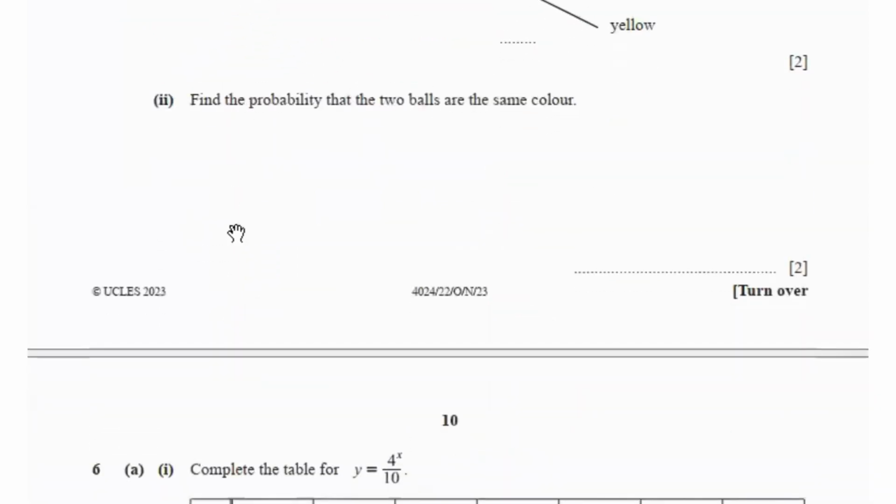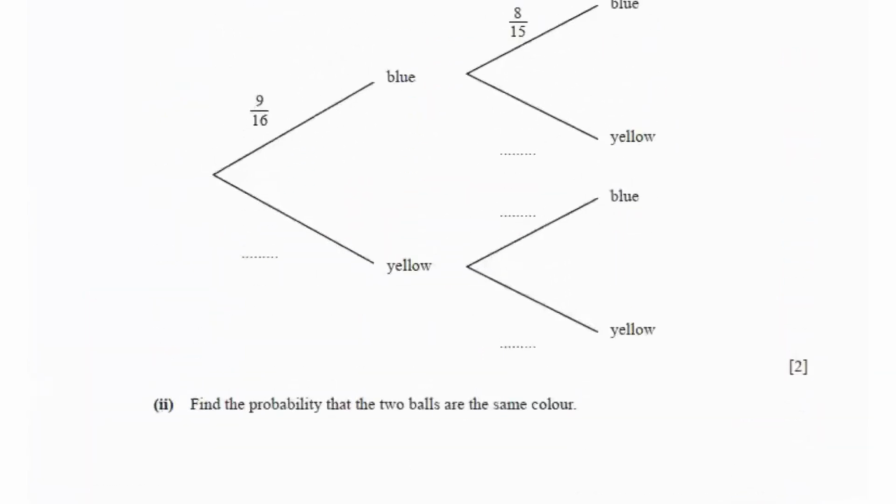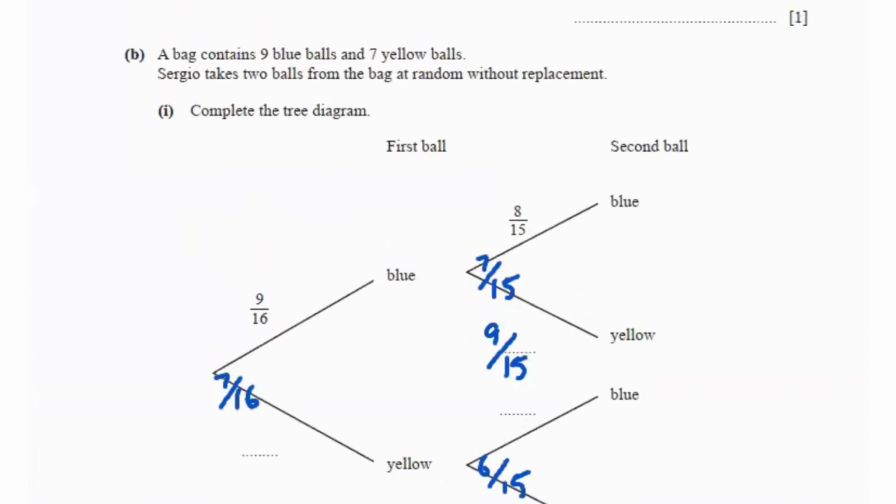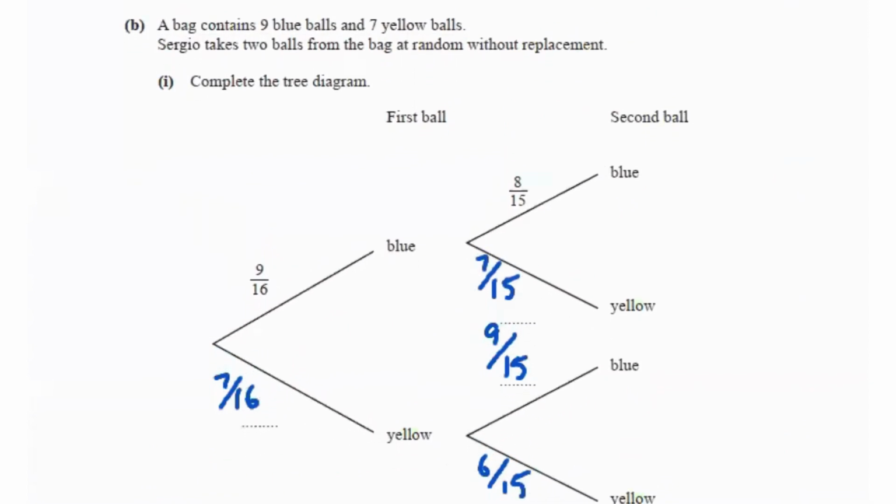Then it says find the probability that the two balls are the same color. So for both the balls to be the same color, the route we're going to follow is this or this.